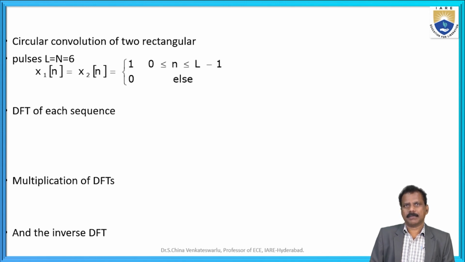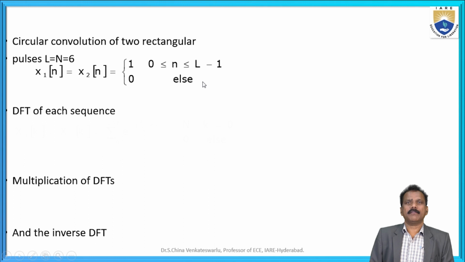So for this case, the pulses L is equal to N is equal to 6, x1 of n is equal to x2 of n is equal to 1, 0 less than or equal to n less than L minus 1, 0 else.